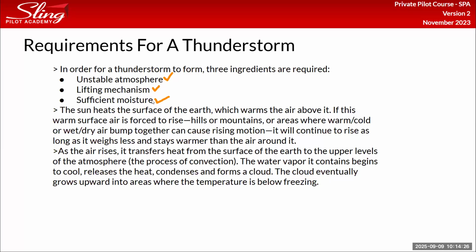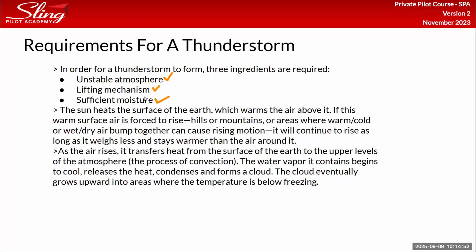And then how can we tell if there's sufficient moisture in the atmosphere? The dew point, the temperature and dew point spread. The closer those numbers are, like we talked about, the more moisture there is in the air, especially if those numbers are the same. That means that the dew point has reached the temperature.